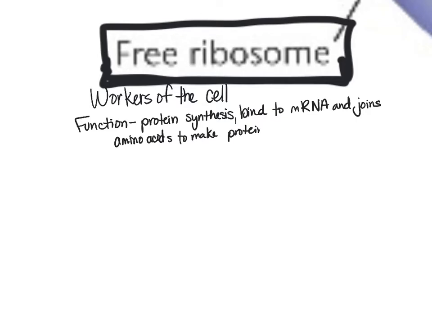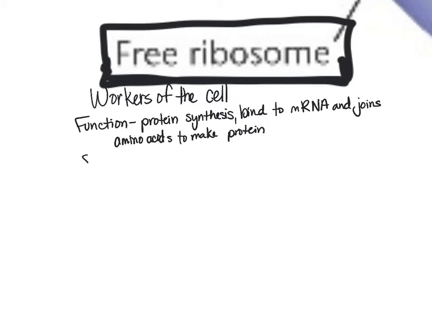It's going to make those peptide bonds. Remember we talked about amino acids coming together through peptide bonds to make polypeptides. Our ribosomes assist with that. Our ribosomes come together with our mRNA, and then they attach the amino acids to each other via peptide bonds to make our polypeptides.